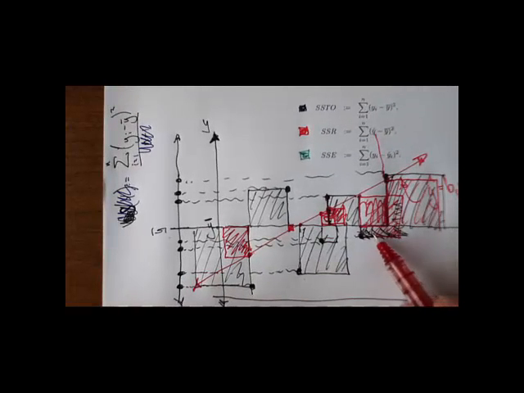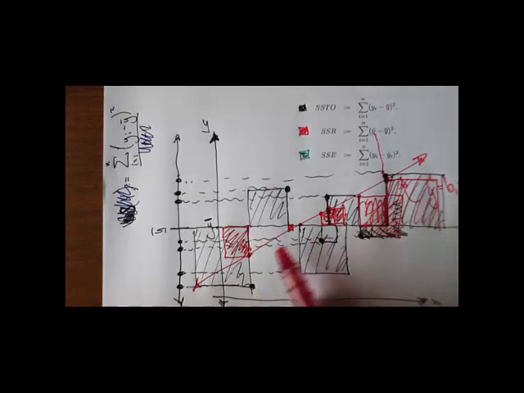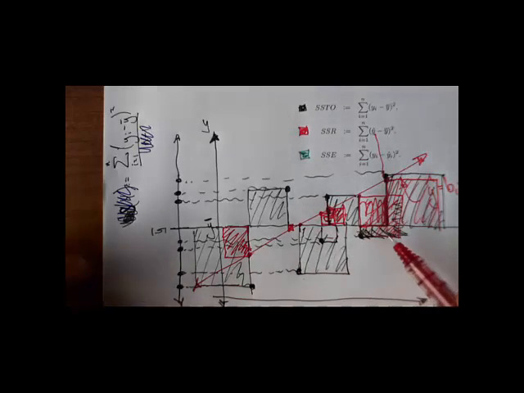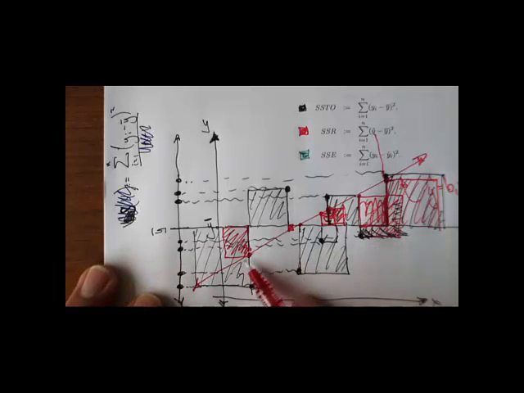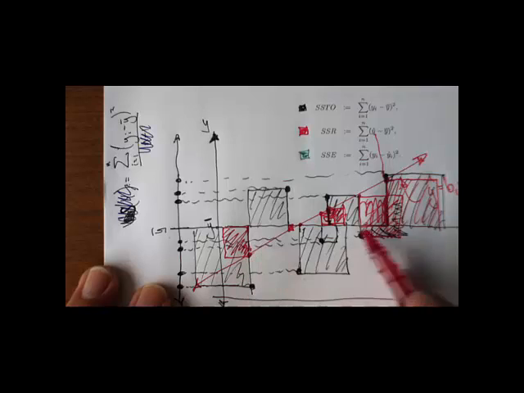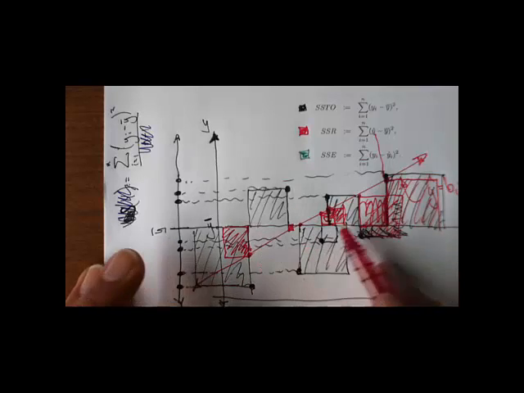Sorry about this mistake here, but if you add up these areas in red and compare them to the areas in black, well, it's smaller, isn't it? You actually want these areas in red to sum up to be as much as possible.